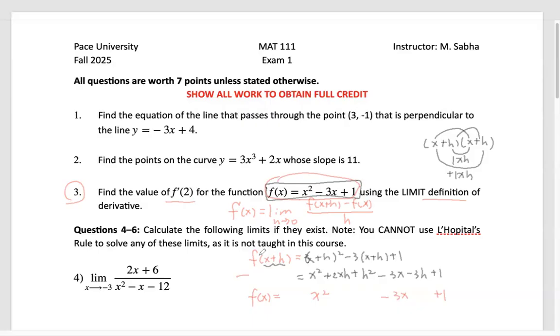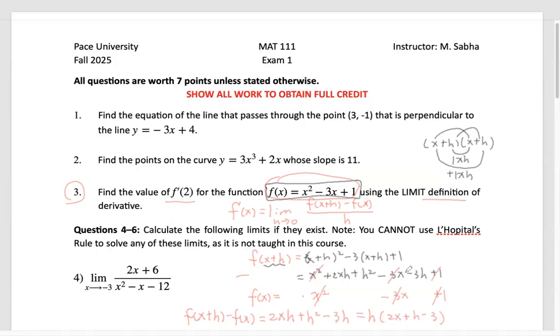We see x squared, subtract this, they cancel. Subtract, cancel, subtract, cancel. So f of x plus h minus f of x becomes 2xh plus h squared minus 3h. Everyone has h as a factor, so h times 2x plus h minus 3.